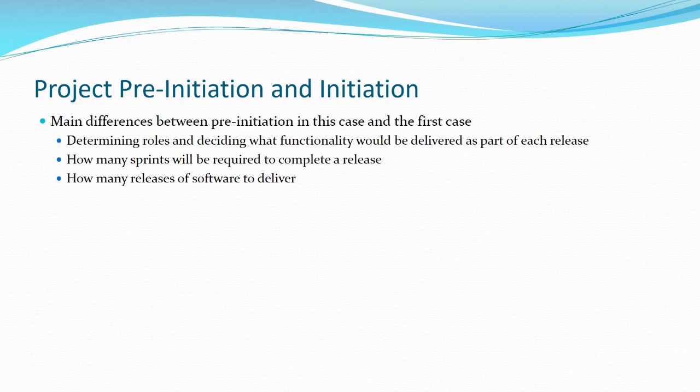It's important to realize, too, in Scrum that there's a little bit of a difference in terms of initiation and pre-initiation, in this case, between this and traditional project management. For example, in pre-initiation, whenever you are in a Scrum scenario, because it's an agile type of approach to project management, you are more or less going to determine what elements you want outcomes to have in each part of a software release or a small project, and how many sprints it would take.